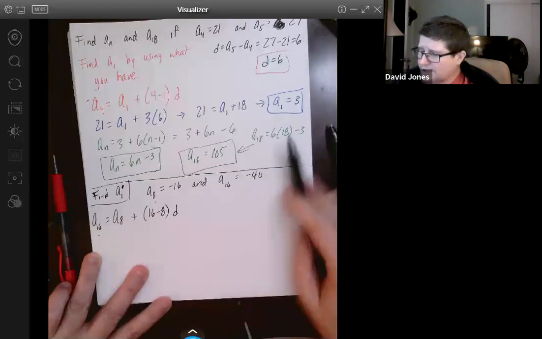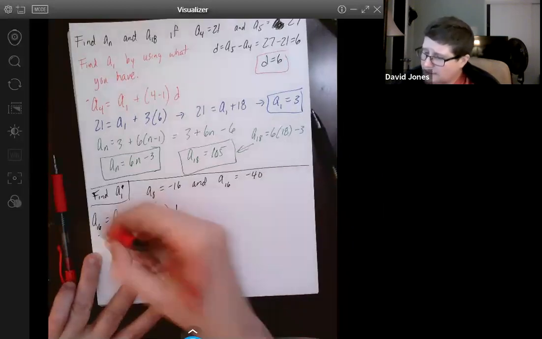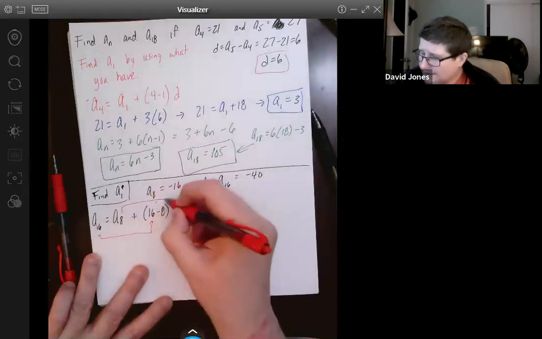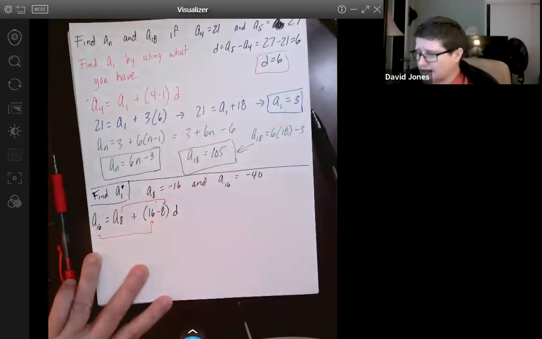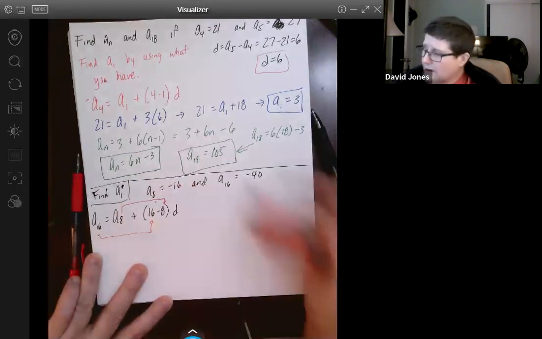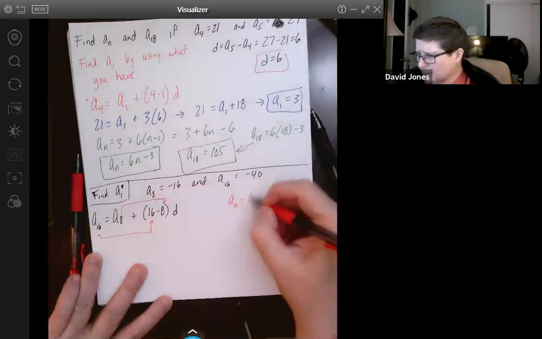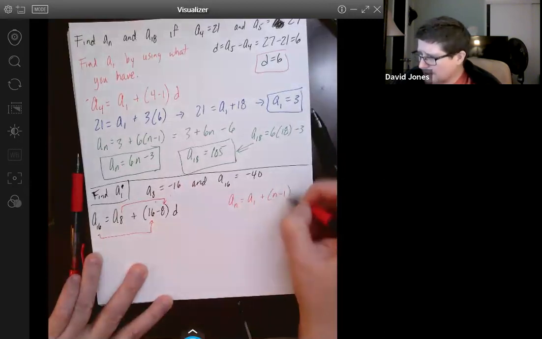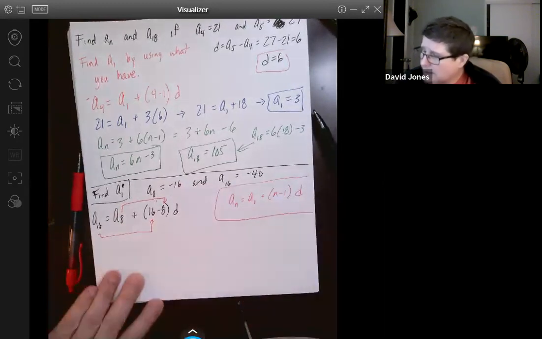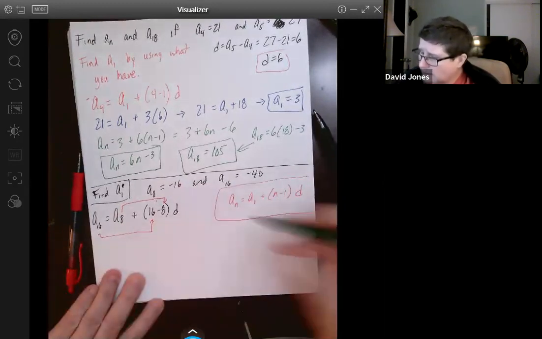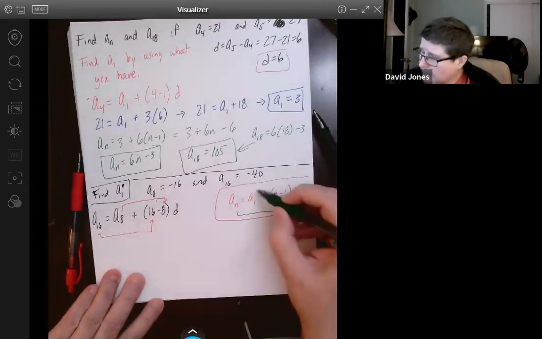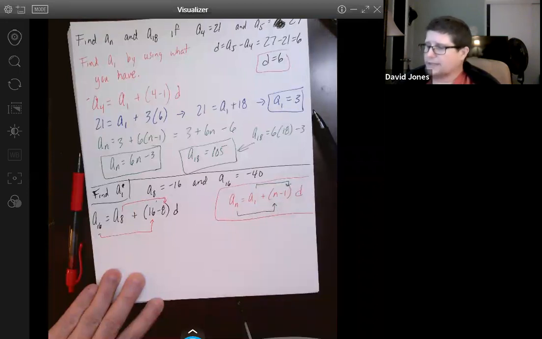And where did I get these two values? 16 is right there. 8 is right there. That's not something I think I pointed out earlier. When we had a sub n equals a sub 1 plus n minus 1 times d, it's those numbers right there.